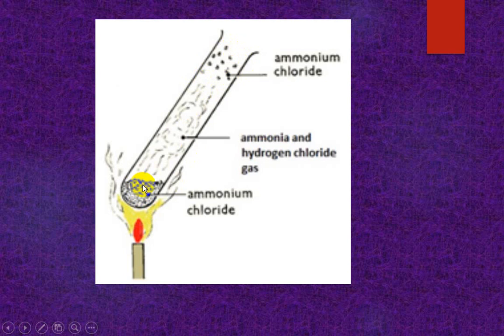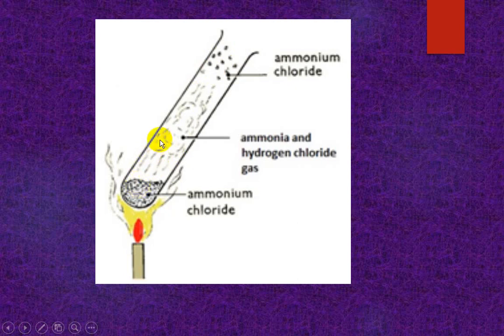When it absorbs heat, it becomes ammonia and hydrogen chloride, and again ammonium chloride when there is no heat. So a reversible reaction occurs.